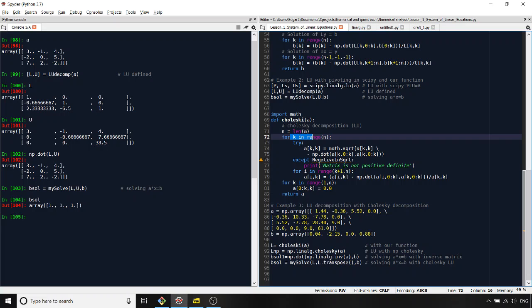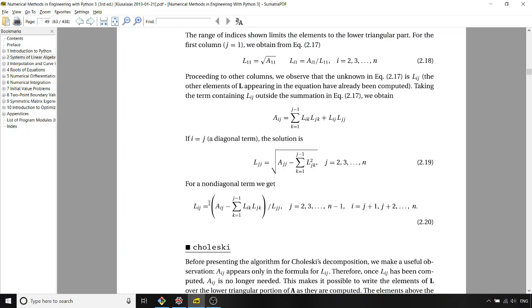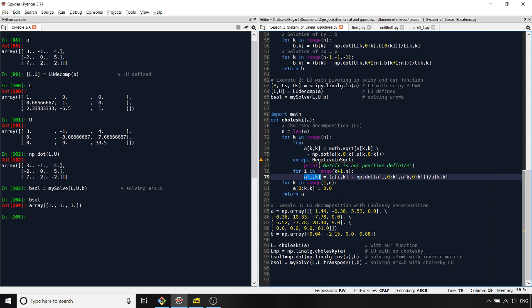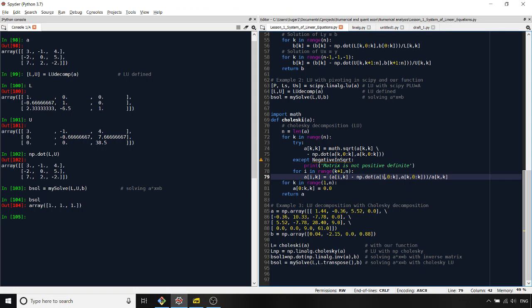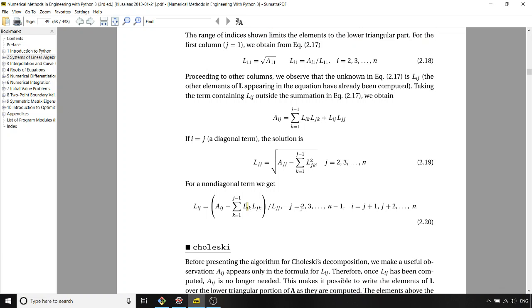So for this column and for this row, we go there, and as this formula shows, we just do this calculation, and here it's for the same row, right? So same row, and column will be the same.